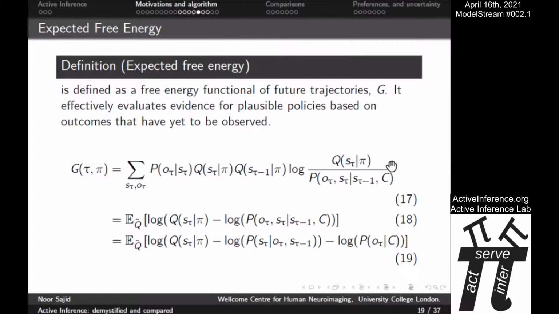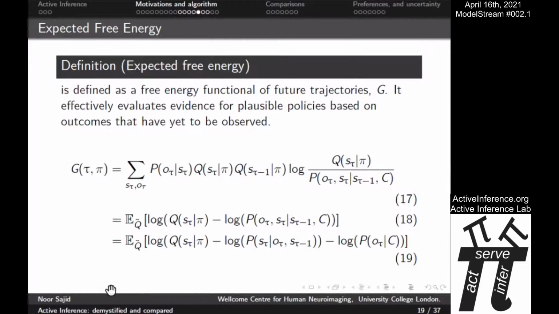So this constrains the type of preferences that the agent would have. What's helpful with these two moves is that we can now evaluate this quantity before actually having the observations. And the minimization of G would encourage policies to be consistent with the desired state of affairs that the agent expects itself to be in.